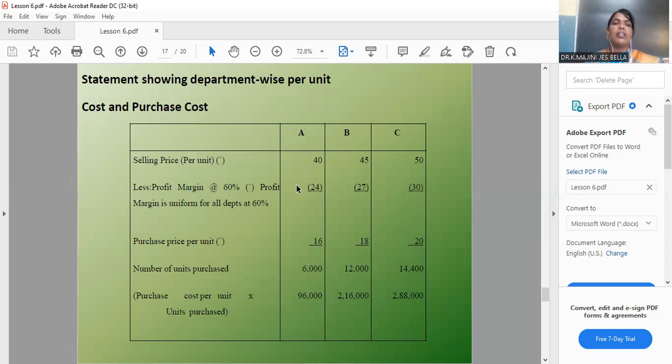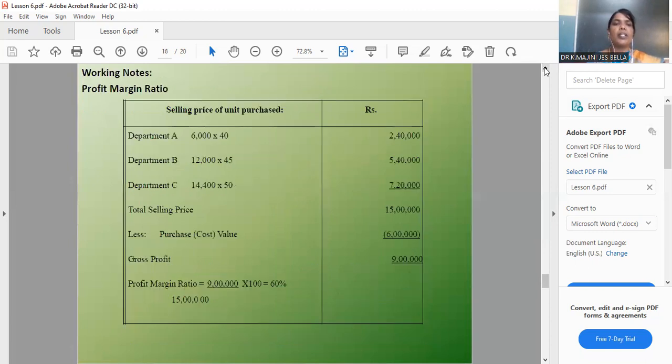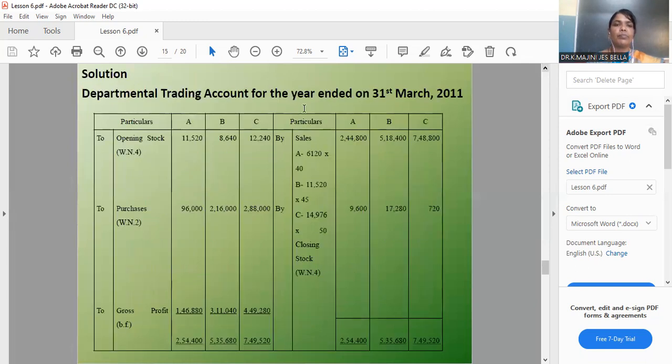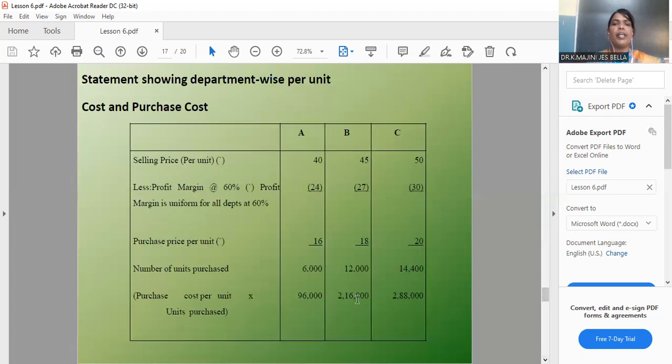Just you multiply cost per unit into units purchased. 6,000 into 16 for department A. When you are multiplying 6,000 and 16, you will get 96,000 is the purchase price for department A. So you can write here for purchase 96,000, right?